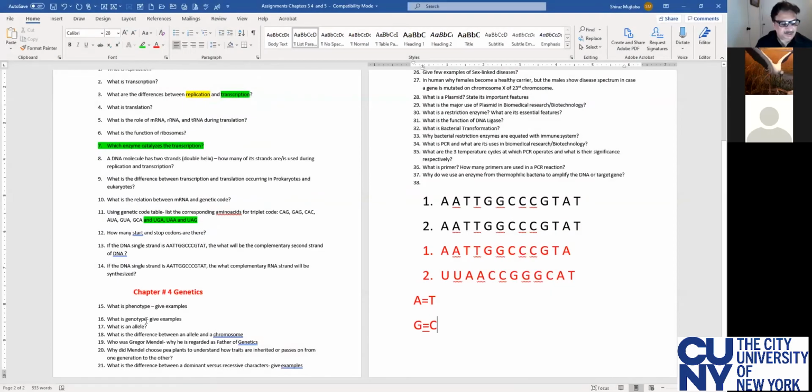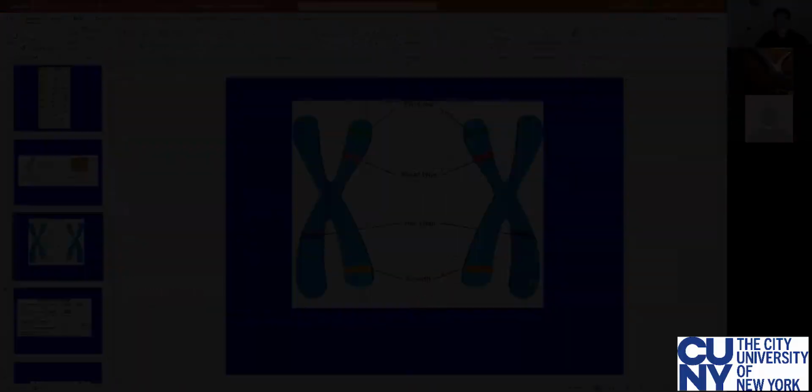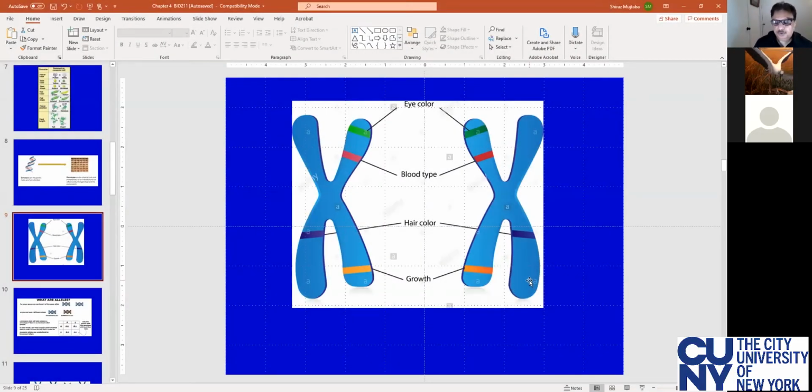What is an allele? On the chromosome, so this is the chromosome. Let's say this is a chromosome of an individual, a human being. 2 chromosomes, one from father, one from mother. And let's say on these chromosomes, there are various genes.